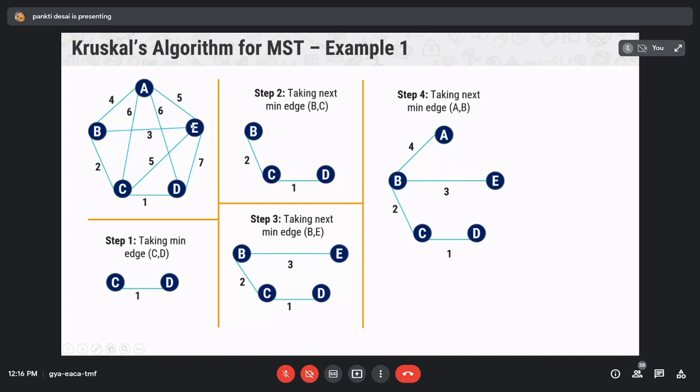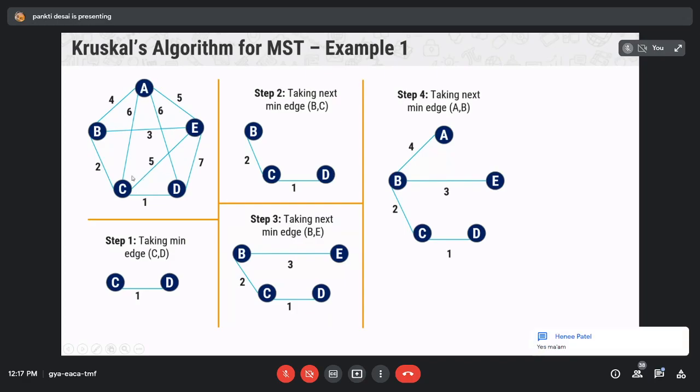But if we select AE to create a spanning tree, it will create a cycle here. Right? So we cannot select the edge AE. Getting? Yes, ma'am.